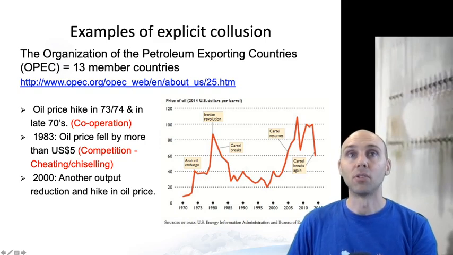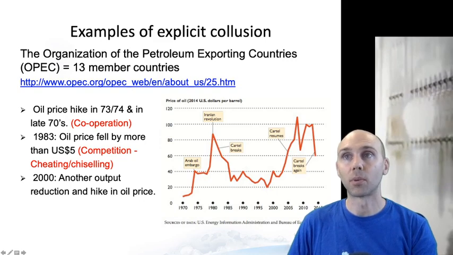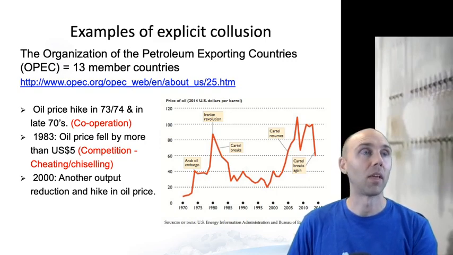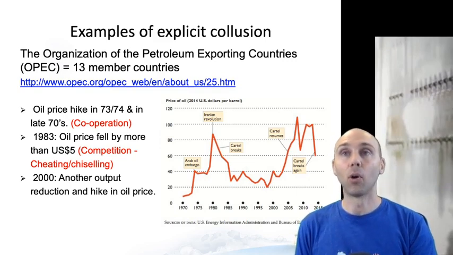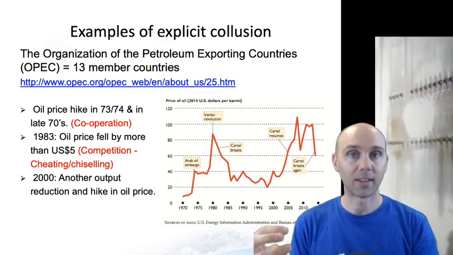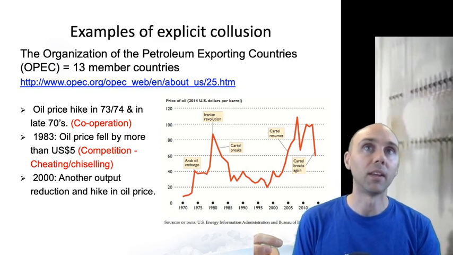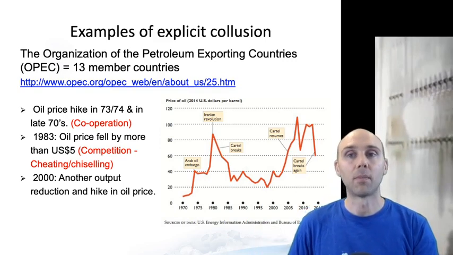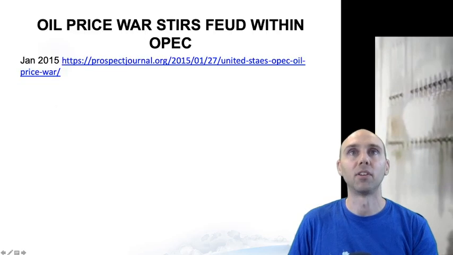And the cartel resumed again, but then other things happened that reduced the price of oil once more. So we can see some correlation between the oil price and external factors that might influence the ability of that cooperation to be maintained. And I've got a little bit more information that you can check about this.